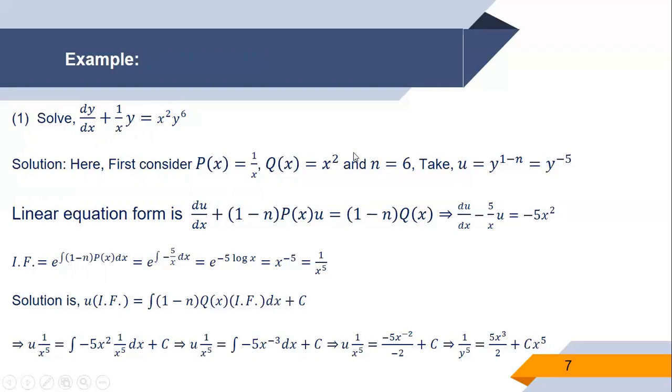So we find the integrating factor. The integrating factor is e raised to integration (1 minus n) p of x dx. That means e raised to integration minus 5 by x dx. That means e raised to minus 5 log x, so x raised to minus 5.